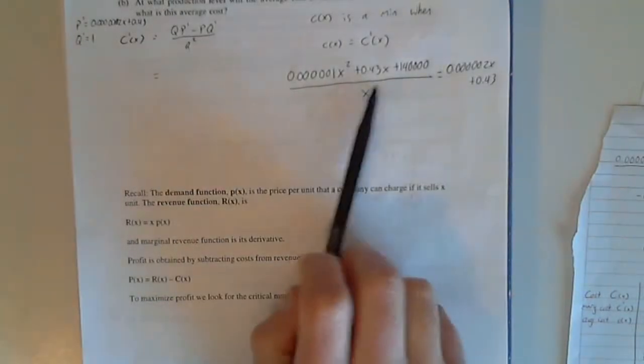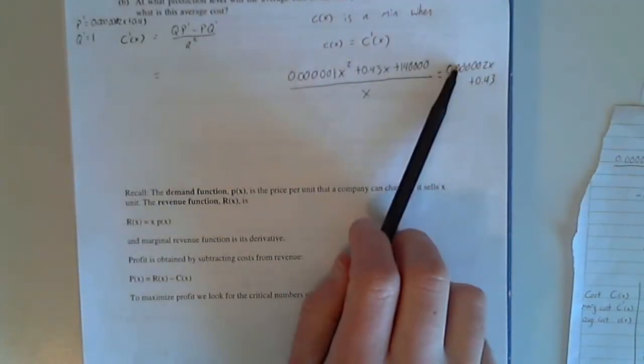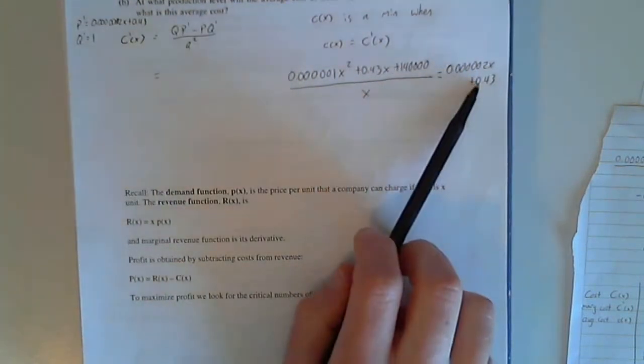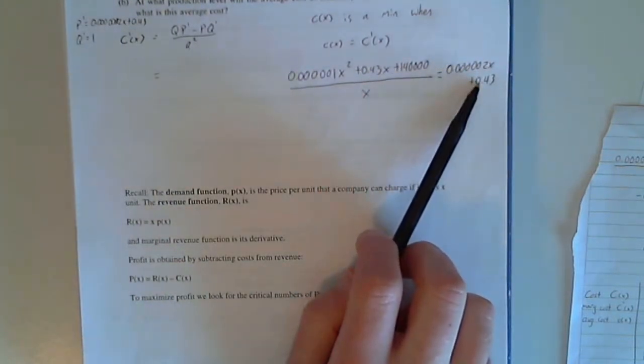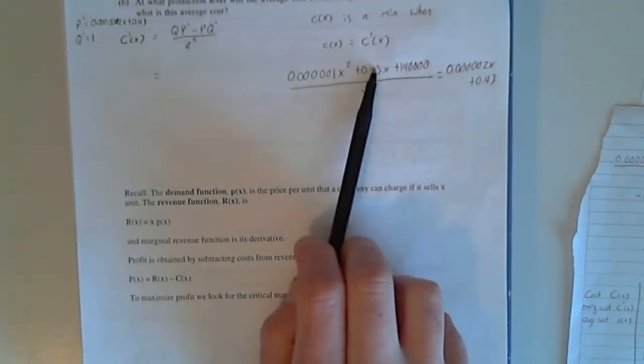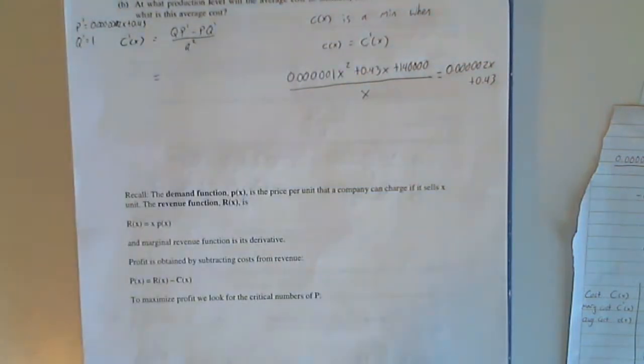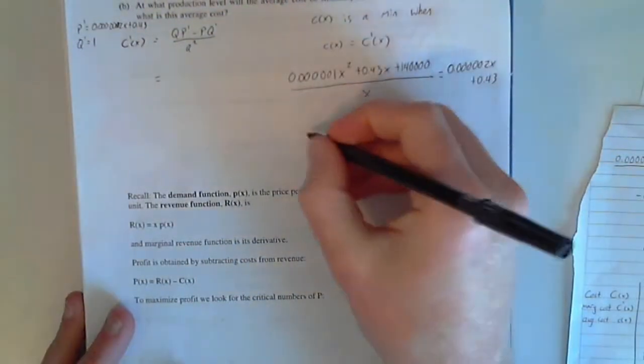So first thing we're going to do is bring the x up. So that's going to turn this term into an x squared. It's going to turn this term into a 0.43x. And that actually makes these two terms cancel out. And then we're going to subtract by the 0.000002 x squared, and we end up with this on the next line.